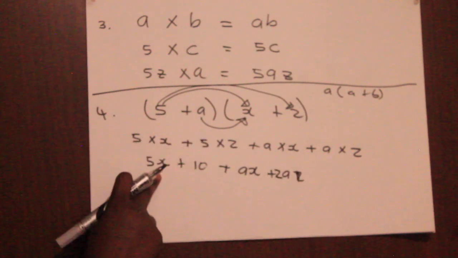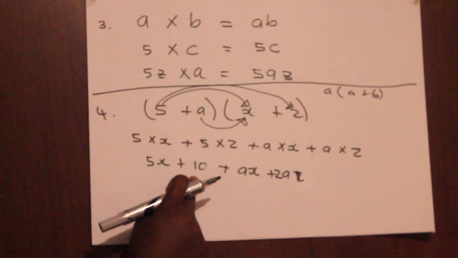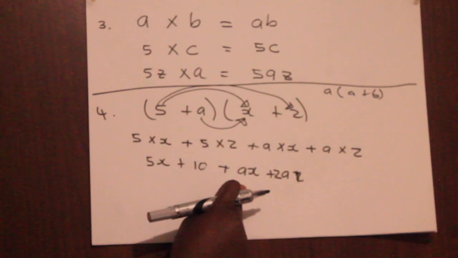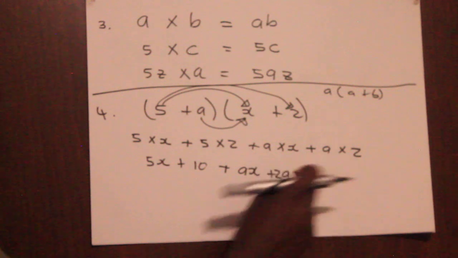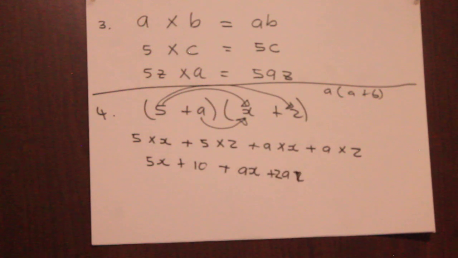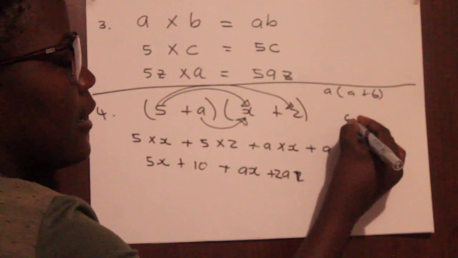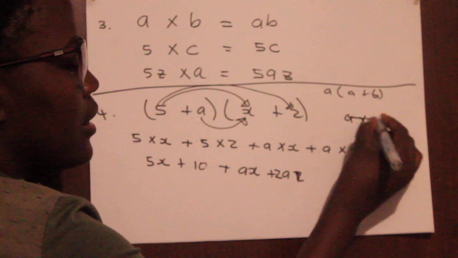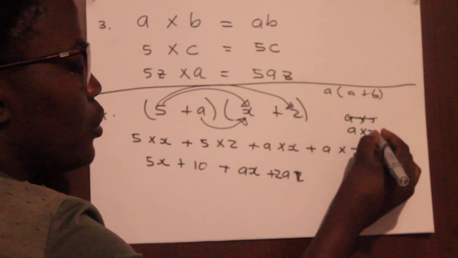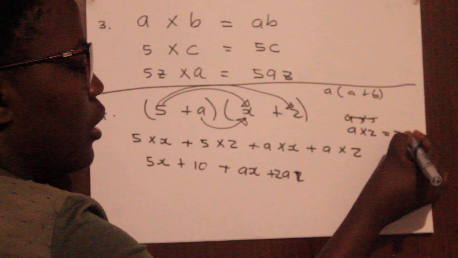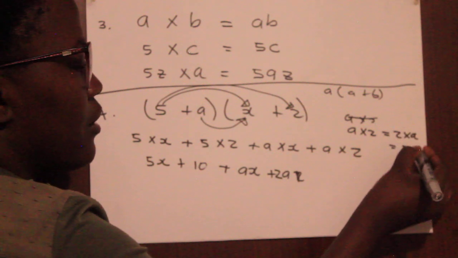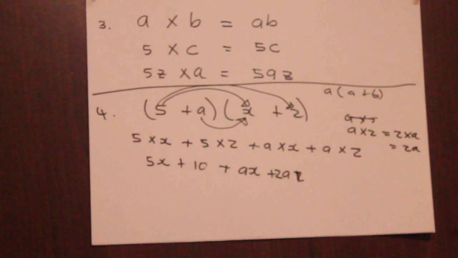So this is 5X, plus 10, plus AX, plus 2A. Remember that A times 2 is the same as 2 times A, which gives you 2A.